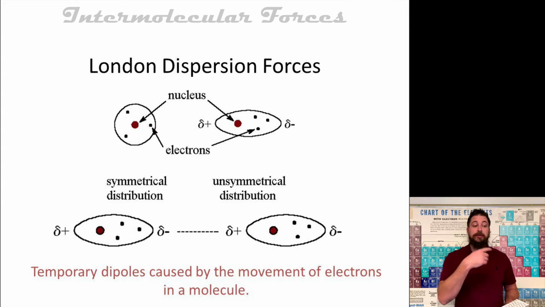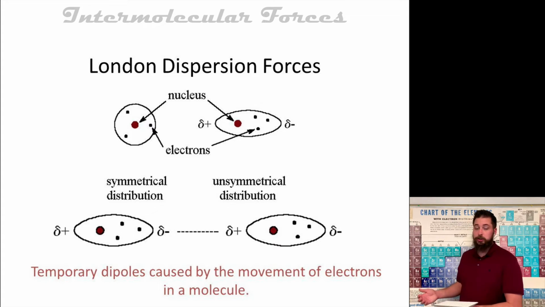Notice how in the second picture, the picture on the right, when all of the electrons are on that side, it creates a partial negative on that side and a partial positive on the other. Now if you look at the second set of pictures, if this occurs in one atom, it will occur also in another atom, and there will be a force of attraction between them.